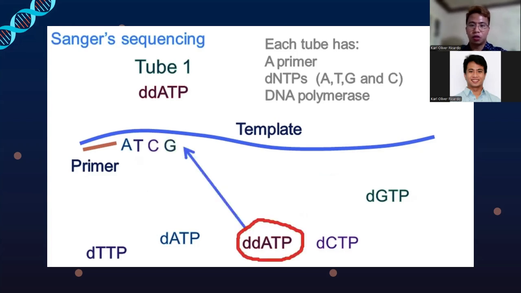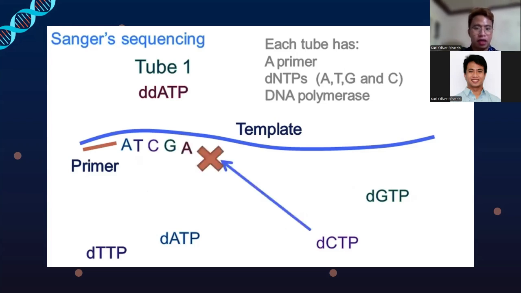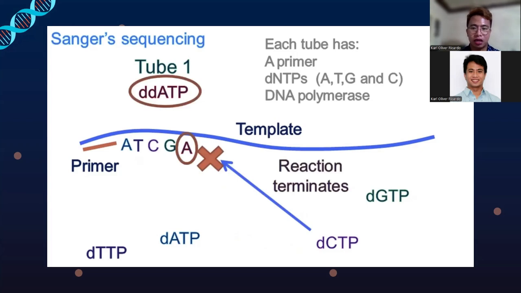And then kapag babalik na po siya, so if somehow yung dideoxynucleotide natin is incorporated po, then the reaction suddenly stops. Kasi nga, bumalik na siya. Okay? So because the reaction terminates as there is no 3'-hydroxyl group for the addition of new dNTPs, ayan.